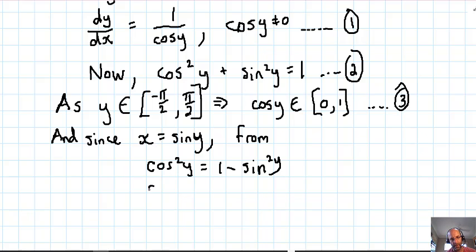So cos squared of y equals 1 minus x squared. And cos of y is plus or minus the square root of 1 minus x squared.